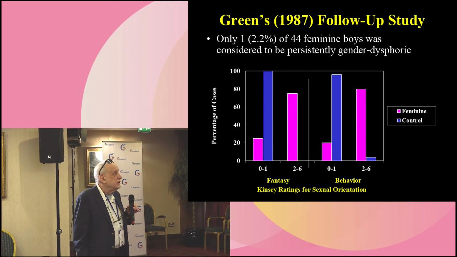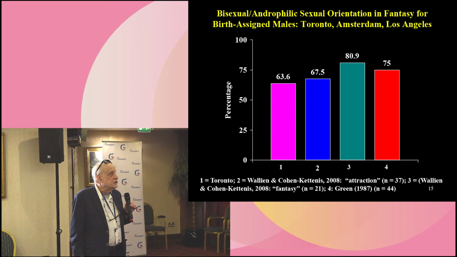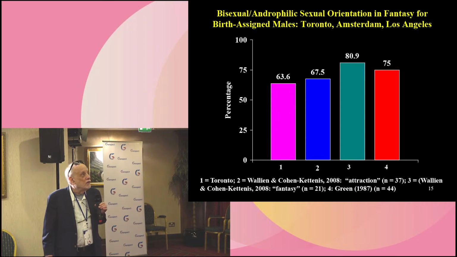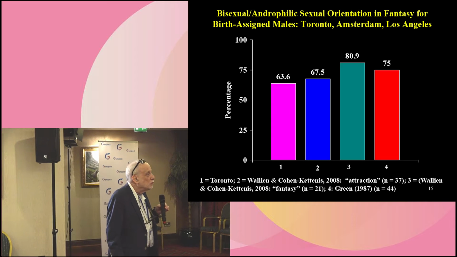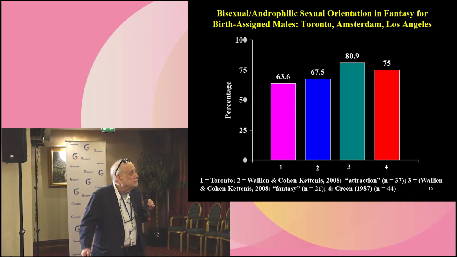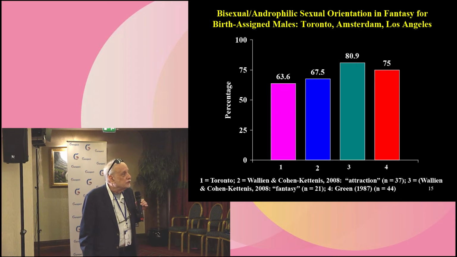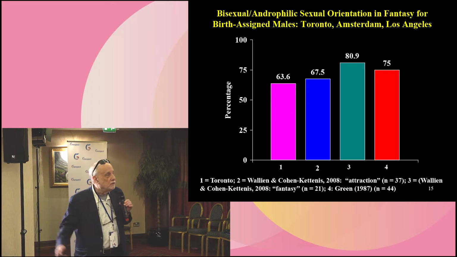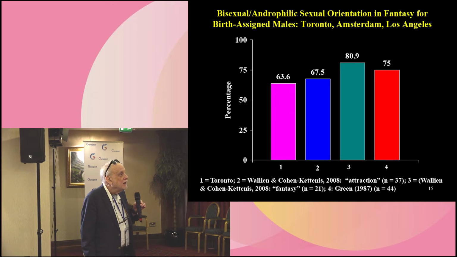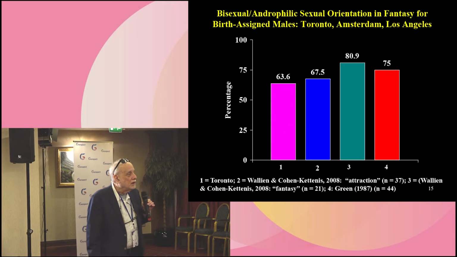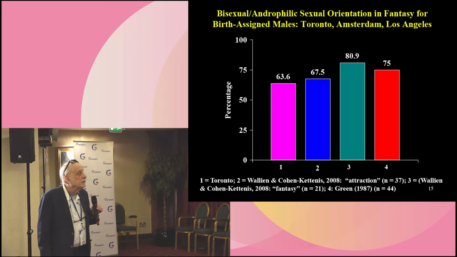And what you can see is that in Green's study, 75% of the feminine boys were bisexual or exclusively androphilic compared to none of the control boys. And in behavior, a very similar finding.